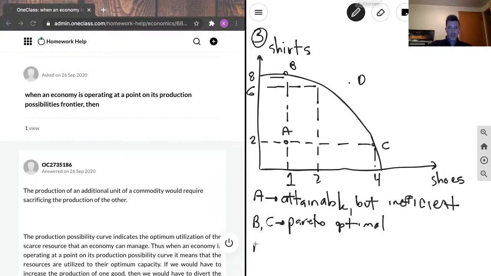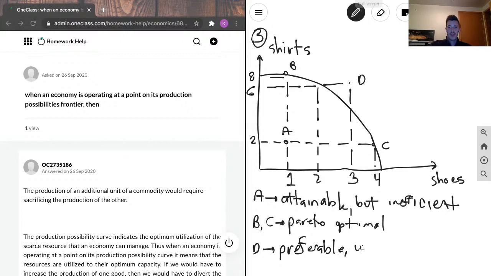Then there is point D out here. So because point D is outside the curve, we know that it is preferable. You would rather have combination D than combinations B or C, or anywhere else on the production possibilities frontier for that matter. But it's unattainable.